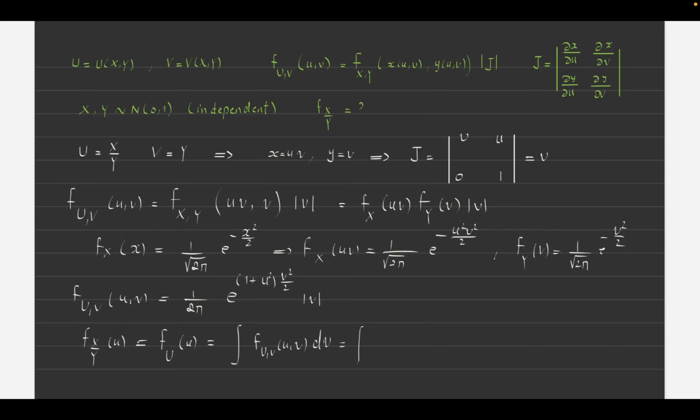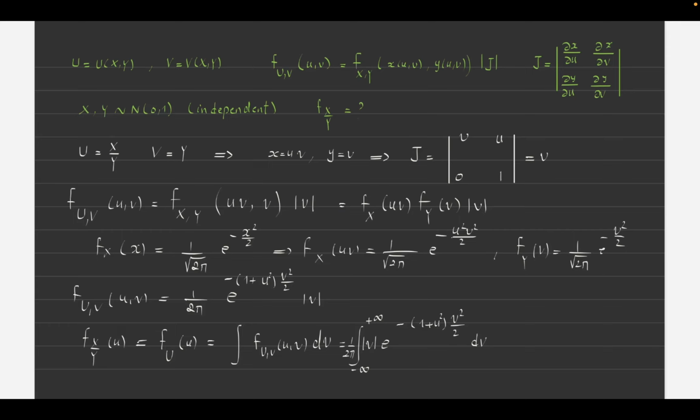This becomes the integral from minus infinity to infinity, and instead of this function, I write this. And 1 over 2 pi is a constant, I pull it out. And then I have e to the power of, oh sorry, I forgot to put a minus sign here: minus 1 plus u squared, v squared over 2, and then the absolute value of v, and then dv.